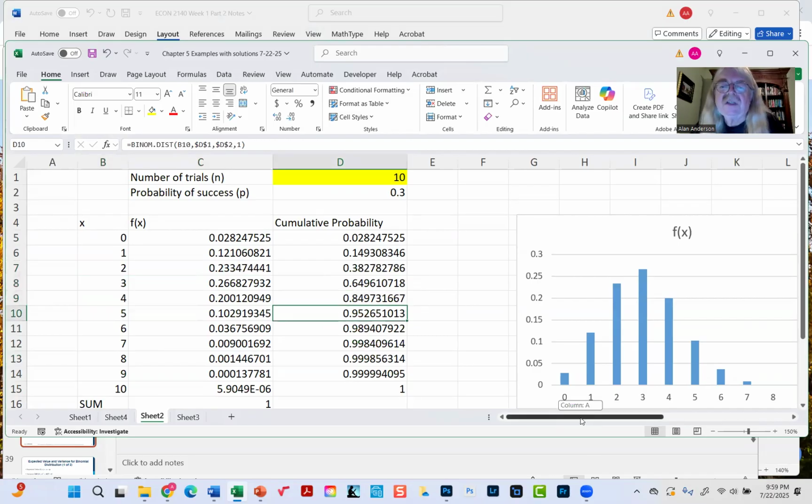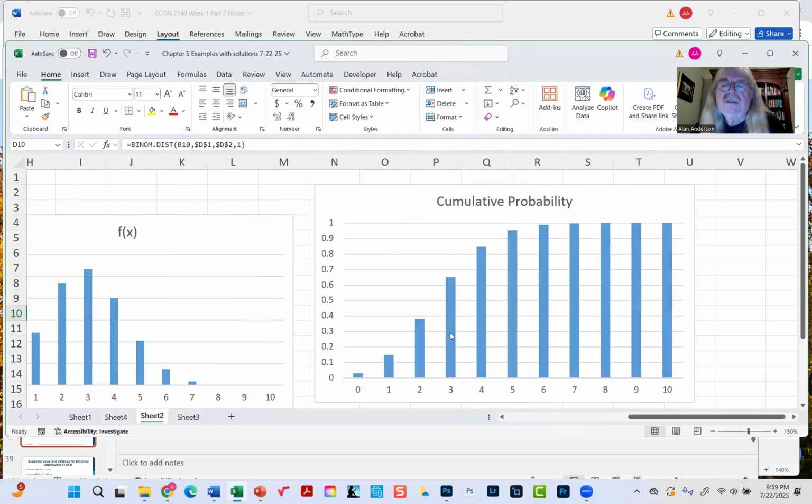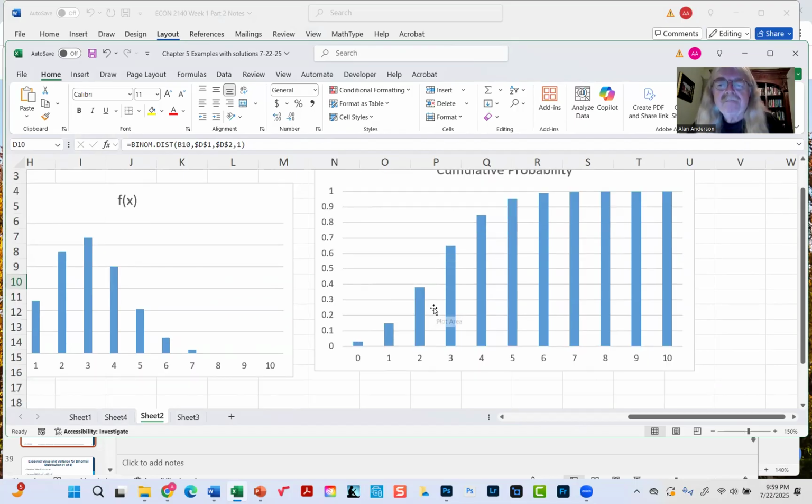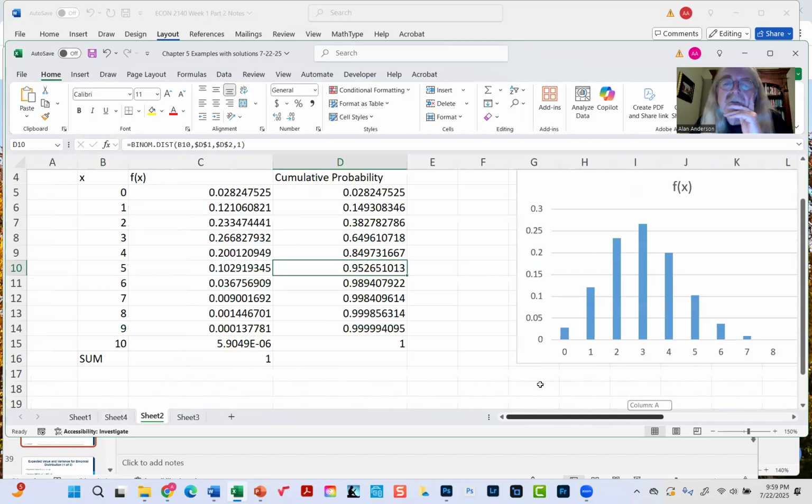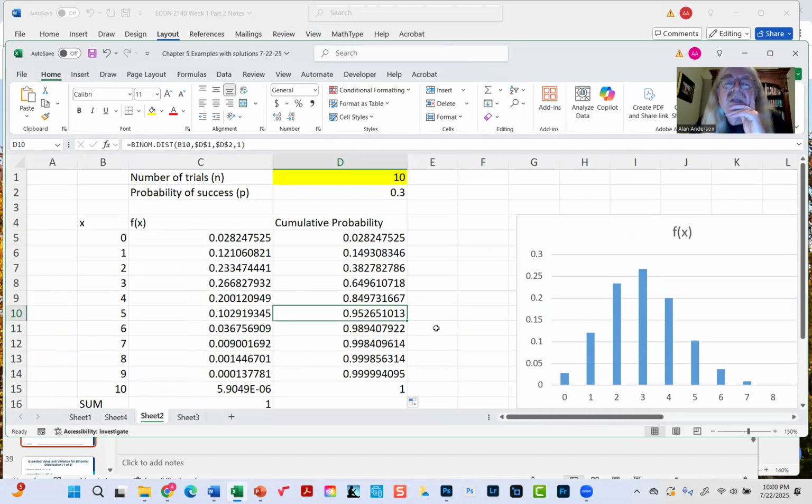And so the graph looks like this. The bars keep getting taller because each one of these is a less than or equal to probability. And sometimes that's what we're looking for. Imagine that this is some kind of a game in a casino, and the only way you're going to win money is if the number of heads, or whatever is turning up, is 3 or less.